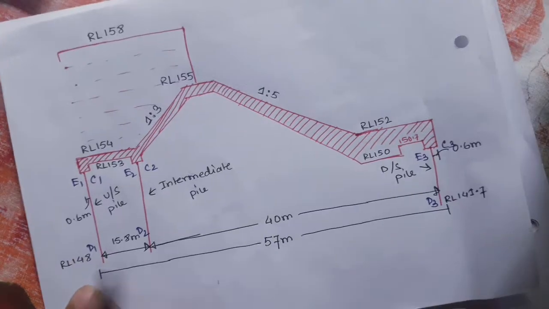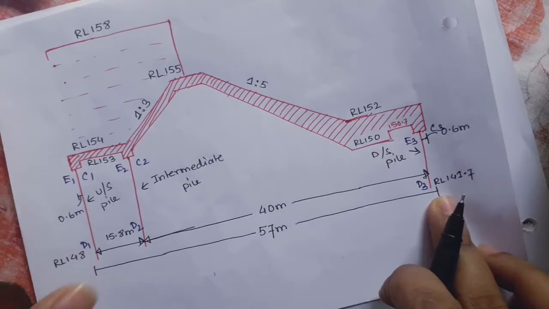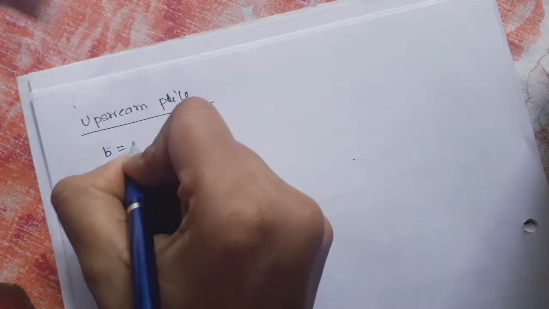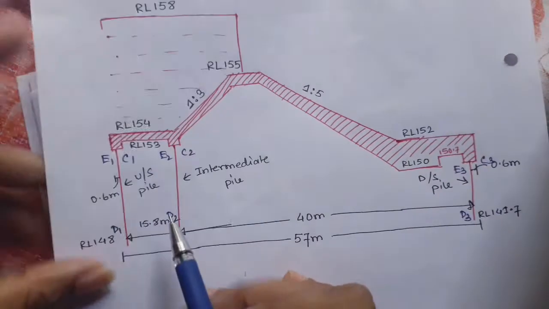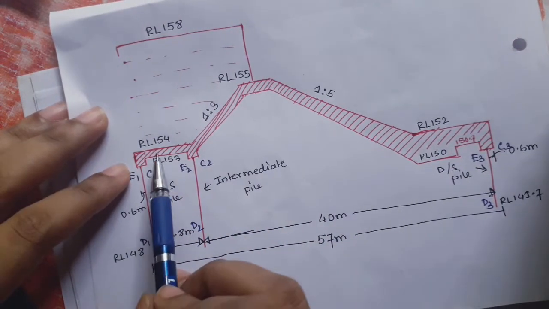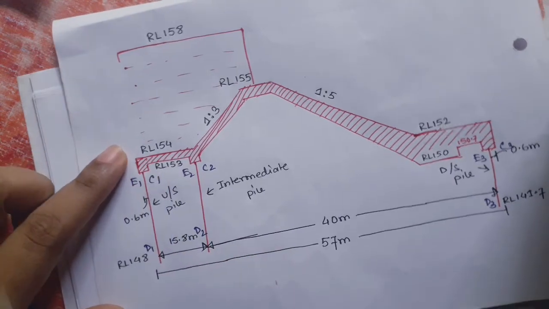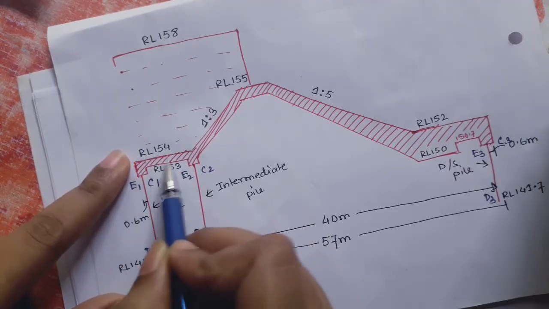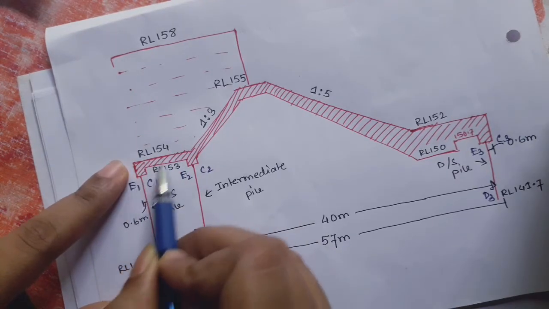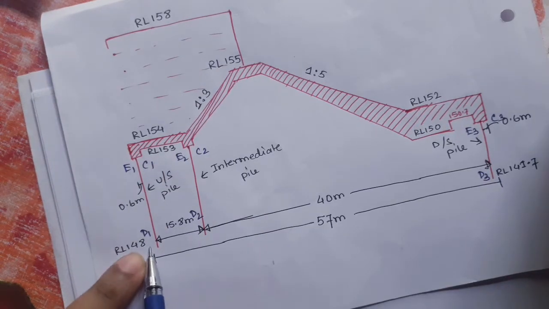As B, you can see this is the total length, 57. So this is our B, 57 meter. And what is D? What is the length of this sheet pile? Here the RL are given, so this is the starting height of the sheet pile. We will consider here this is 154 up to 148.